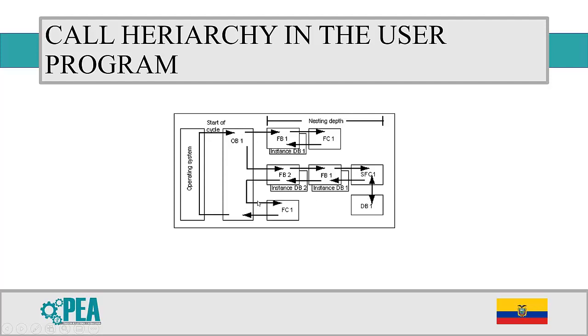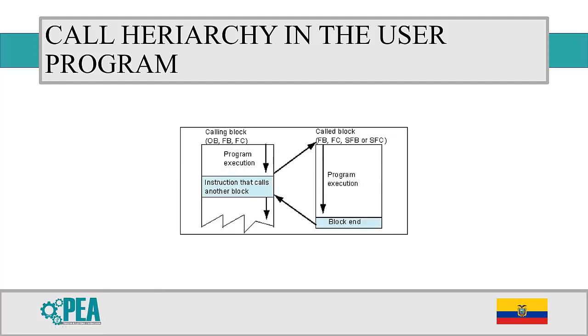As you can see, it's a cyclic structure. Every time you perform this action, you go back and do the same. So have this in your mind: the PLC works in a cyclic way. Finally, in this other diagram, you can see a much simpler structure in which every calling block, which can be an organization block, function block, or function, can call function blocks, functions, system function blocks, or system functions.